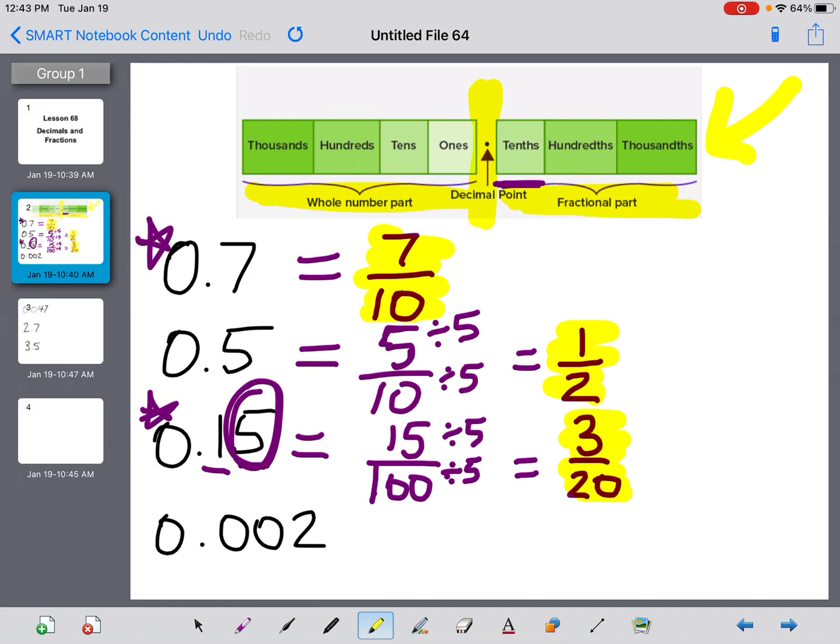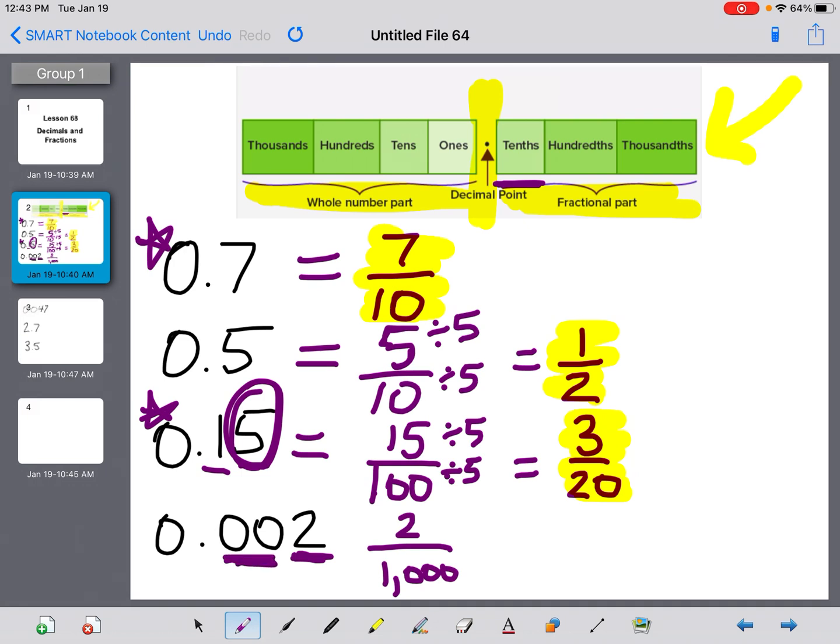Now, you can follow the same pattern for all of these decimal examples. So here, my last example, I have 0.002. Because the last number of my decimal is now in the thousandths place, my denominator needs to be 1,000. And then all you do is you take your 2 and you put that on top.